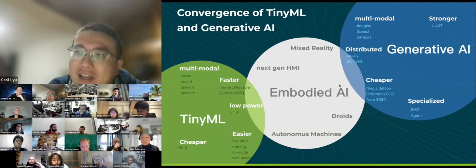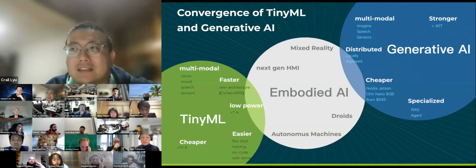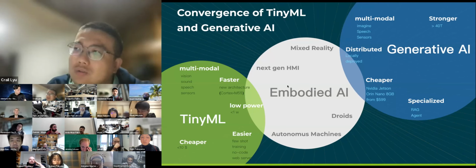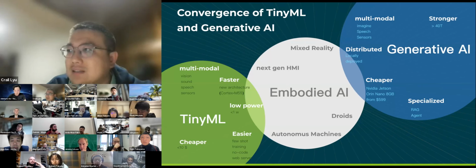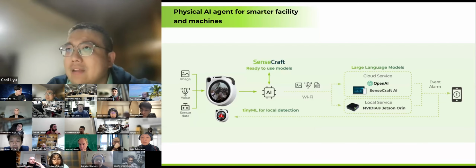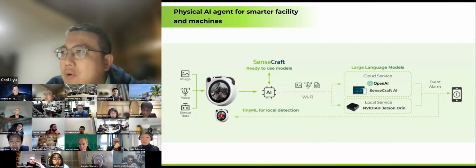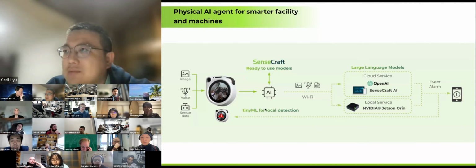Embodied AI will be much more like human machine interfaces because it has to connect with the real world. So we might call it the next generation of human machine interfaces, or they're going to be more autonomous machines, right? And these are some of the machines you can build by yourself, and you can also build them with those kinds of devices for yourself as well.